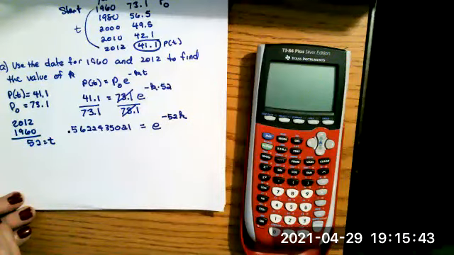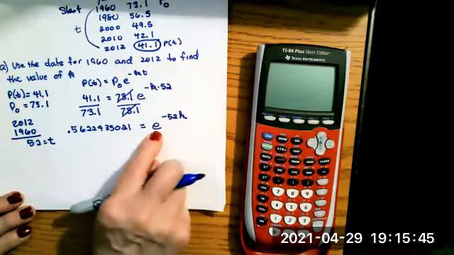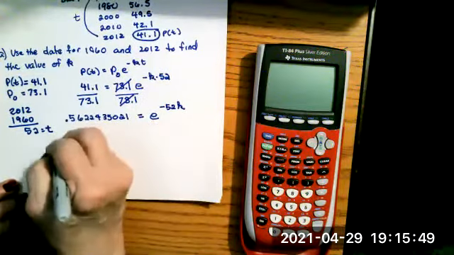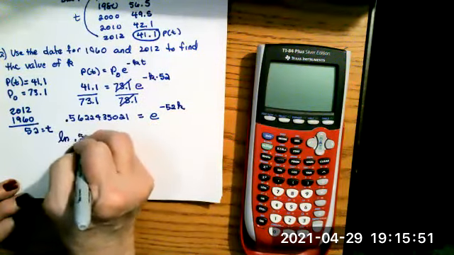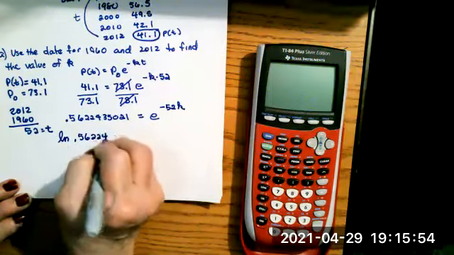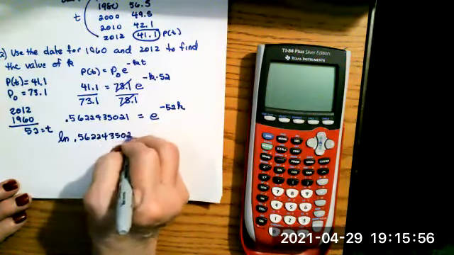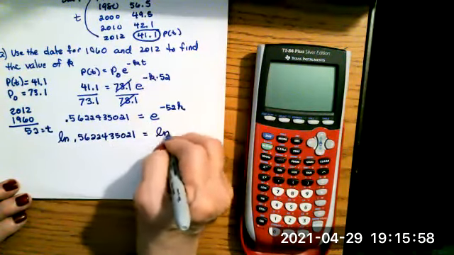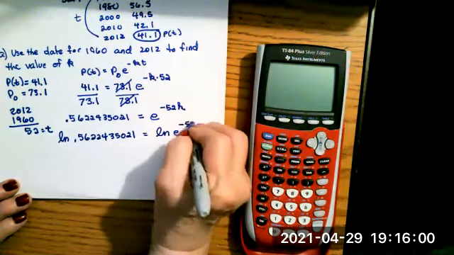Okay, now I want to get rid of this E. So what I want to do now is ln both sides. 0.5622435021 equals ln e to the negative 52k.